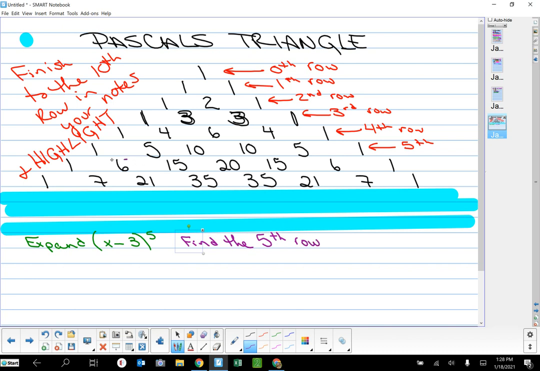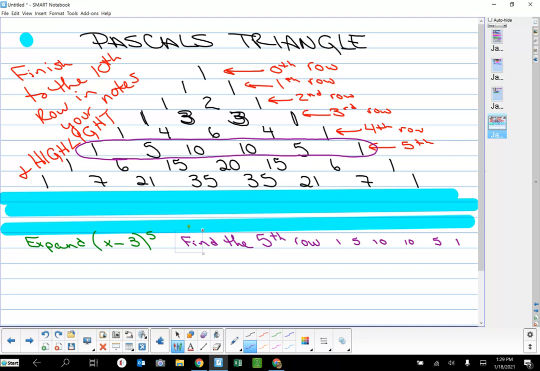So that's this one. And what I like to do is write down those coefficients near the problem I'm doing: 1, 5, 10, 10, 5, 1. And you'll see why I'm doing that.